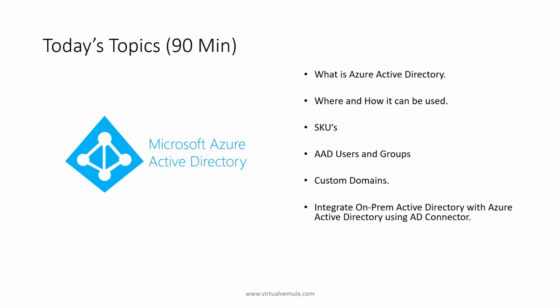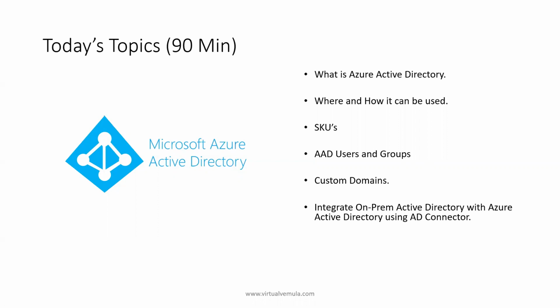And of course, there is something called custom domains. We'll try to understand the requirement: why do we actually need a custom domain? And we'll see practically how we create a custom domain. We'll also look at integrating your on-premises Active Directory with your Azure AD by using a tool called AD Connect.